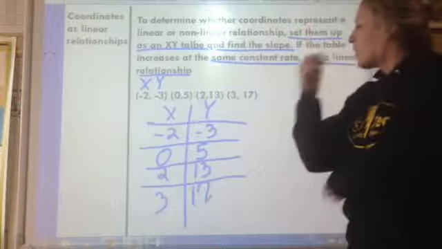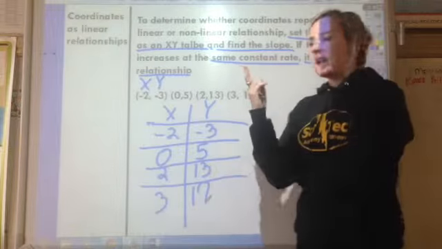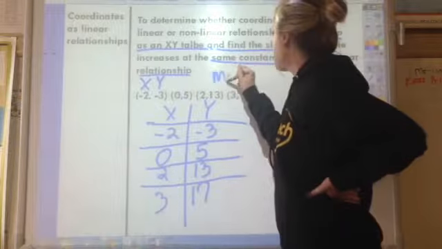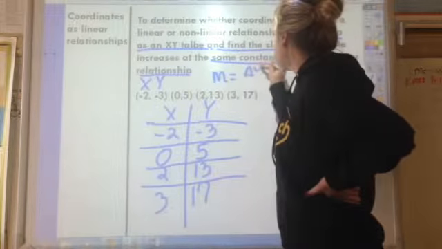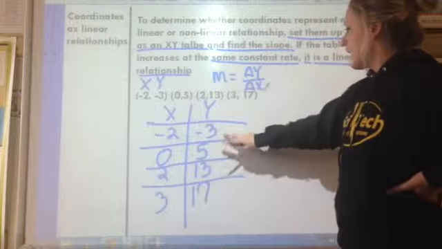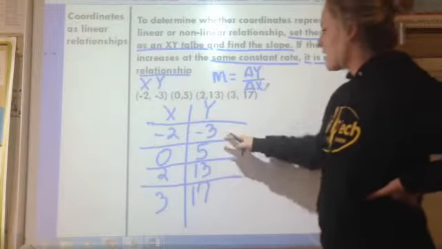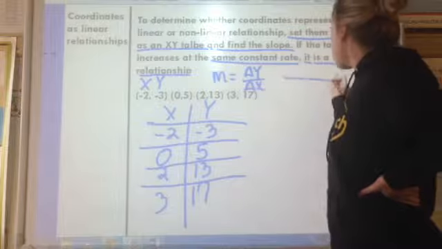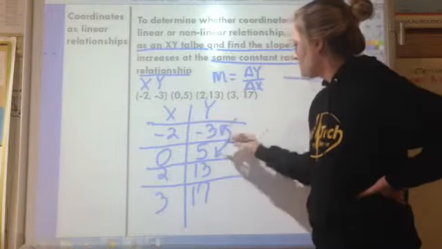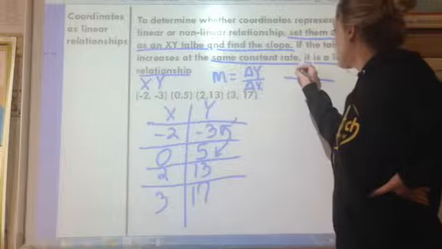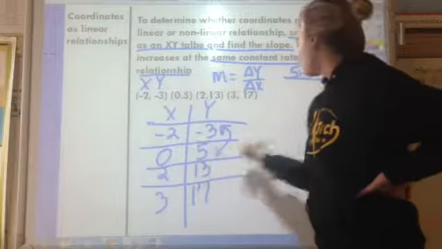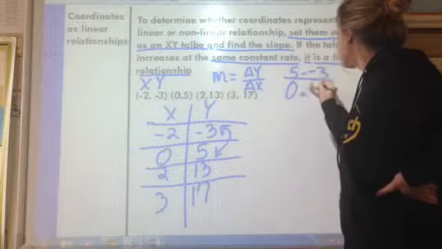And now all I want to do is find the slope of this table. The way that I do that is m equals change in y over change in x. So I'm going to find the difference between my y values and my x values. Y always goes on top, so we'll do that first. I'm going to pick my first 2 points and find the difference between them: 5 minus -3 over 0 minus -2.